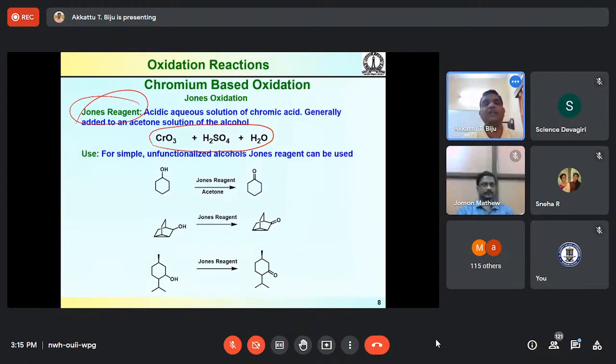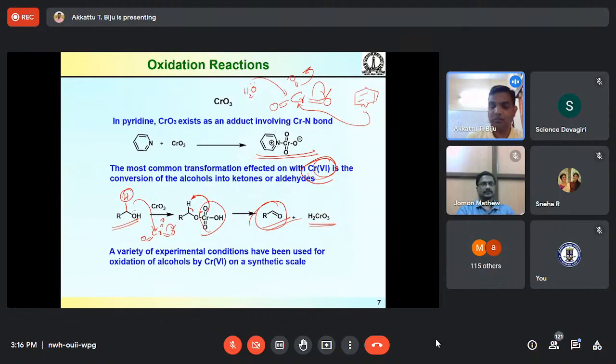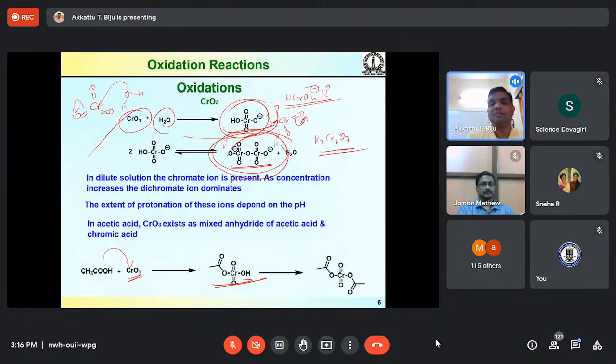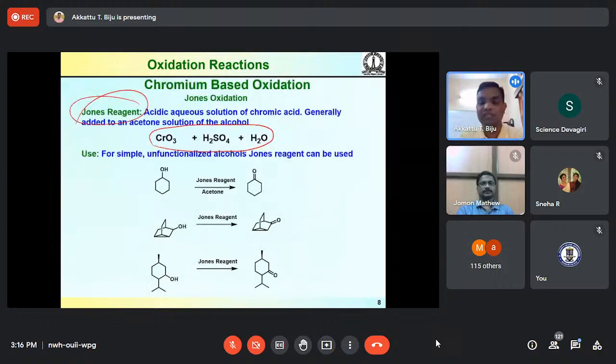So the same chromium trioxide, the chromate in an acidic solution, is known as the Jones reagent. And this Jones reagent is useful for the oxidation of all sorts of secondary or primary alcohols to the corresponding aldehydes or ketones.